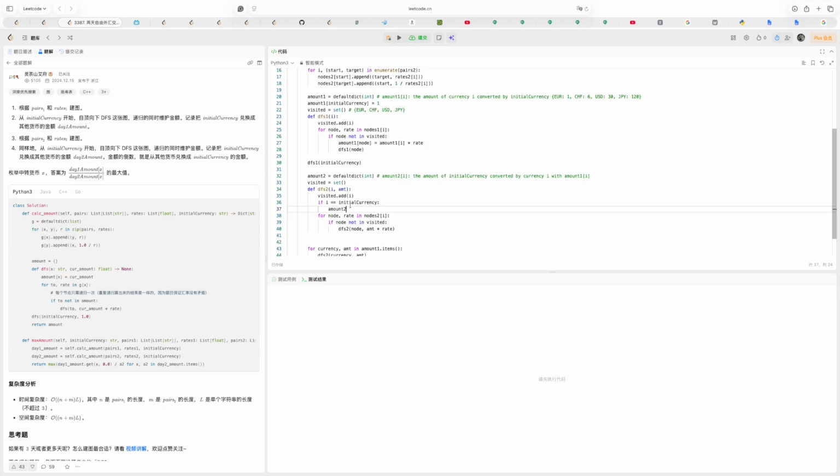I think we should... I'm thinking of returning amount 2. I'm thinking like return amount, but then for this we have to return as well.